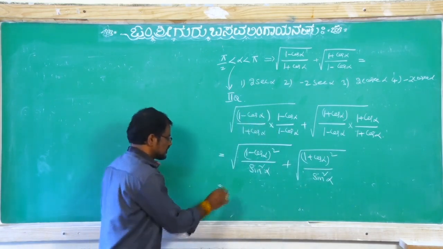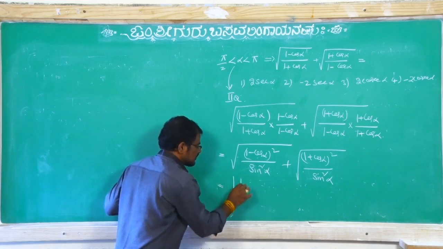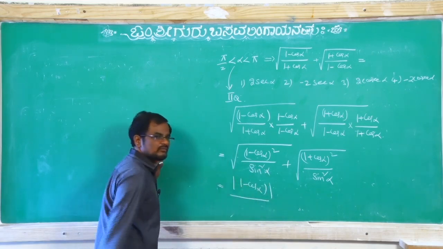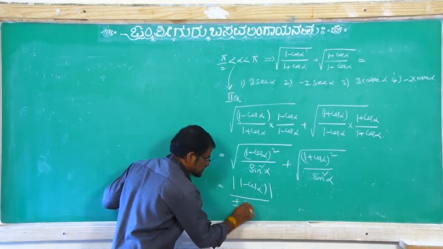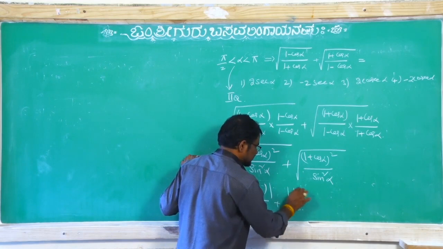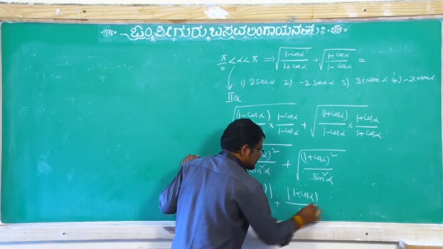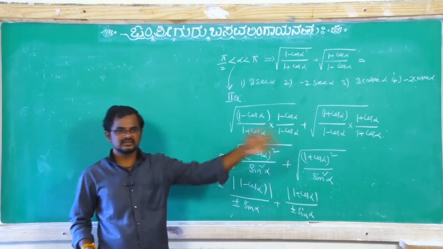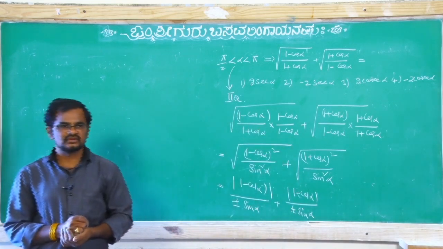Now this is modulus of 1 minus cos alpha divided by, this is also modulus, means plus or minus sin alpha, and this is also plus or minus, means I will take modulus of cos alpha divided by plus or minus sin alpha. But this one and this one positive only. In previous problems we showed, right?